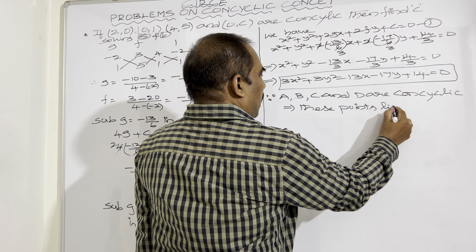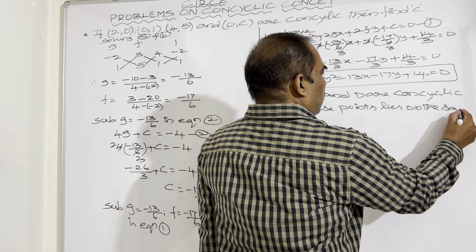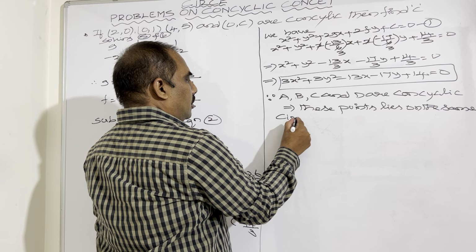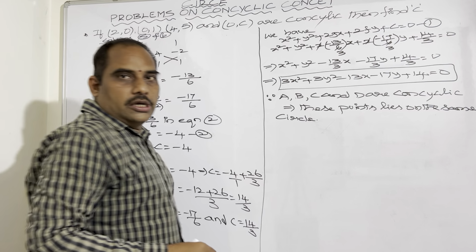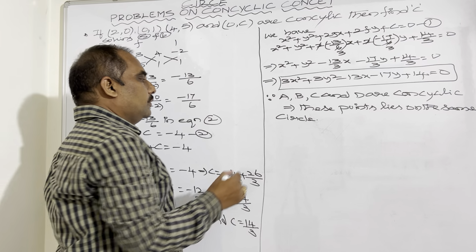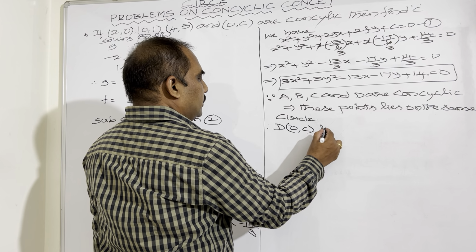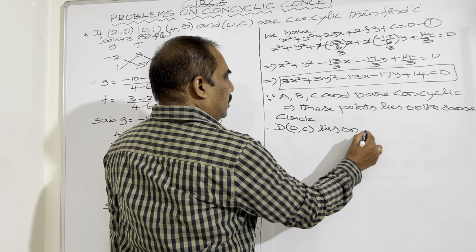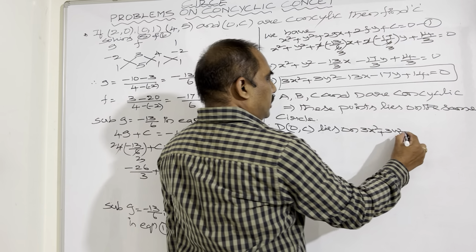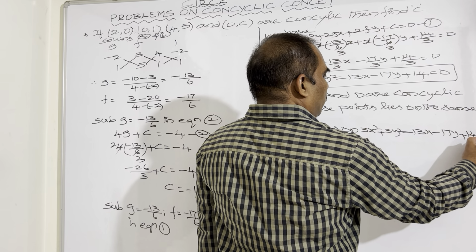We already found the equation of the circle passing through the 3 points A, B, C. Now the D point is there. What is D we assumed? D is (0, c), therefore D lies on the equation 3x squared plus 3y squared minus 13x minus 17y plus 14 is equal to 0.